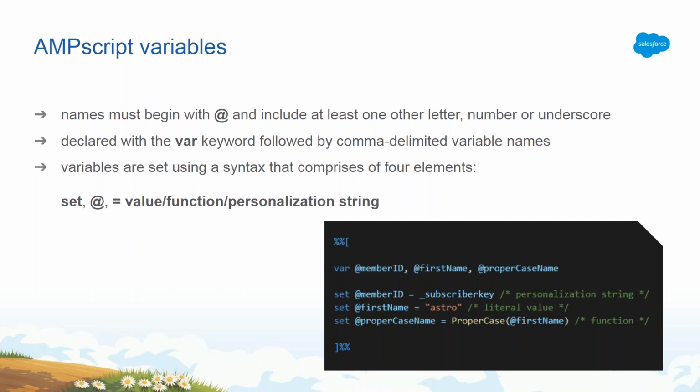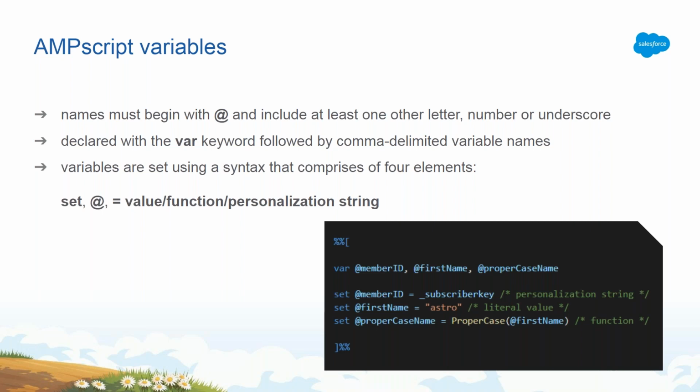In AMPscript, variable names always start with the @ symbol and include at least one other letter, number, or underscore. Variable names cannot contain any spaces or delimiters. You declare variables with the var keyword, followed by one or more comma delimited variable names.